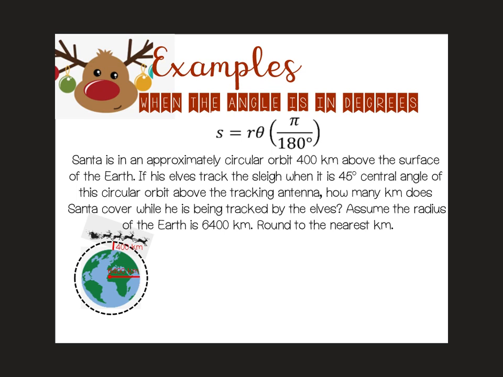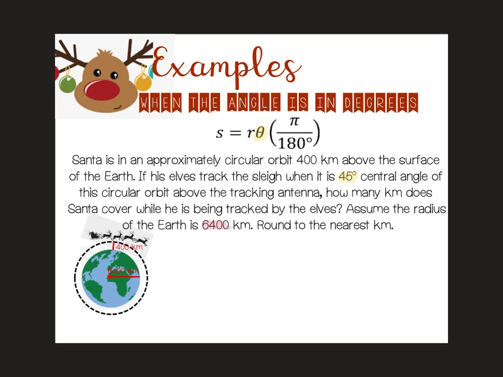First thing, we can kind of just look at our variables. So, we have this 45-degree angle, so that is going to go right here for theta. The radius on this one is sort of weird. So, the radius itself is 6,400.